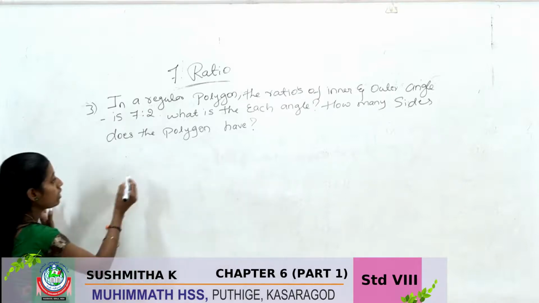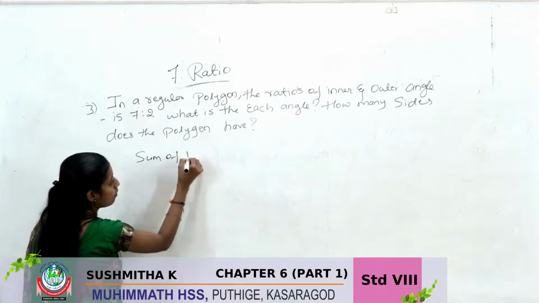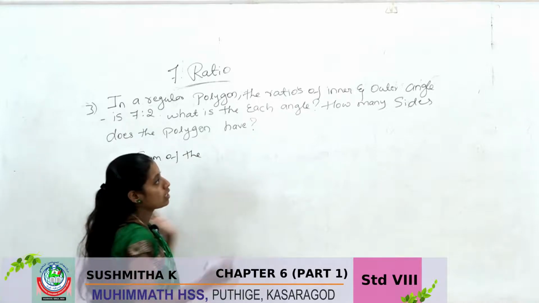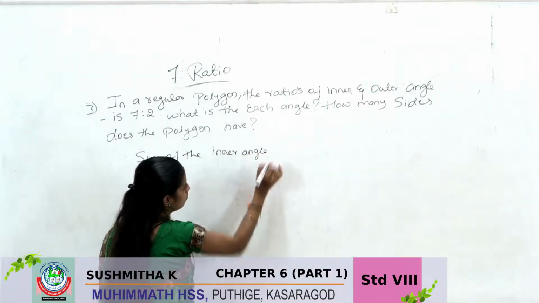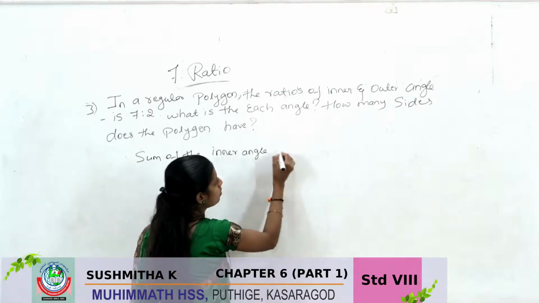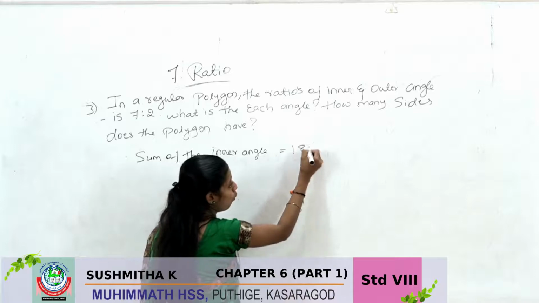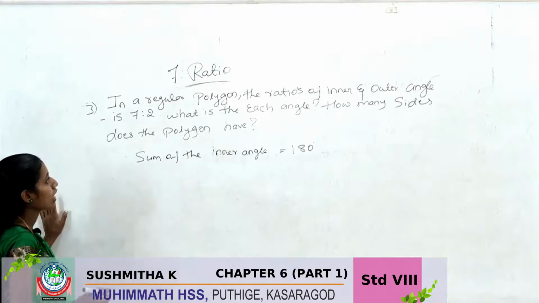So we can write the sum of the inner angle of a regular polygon is equal to 180 degree. So here the ratio of inner and outer angle is 7:2.